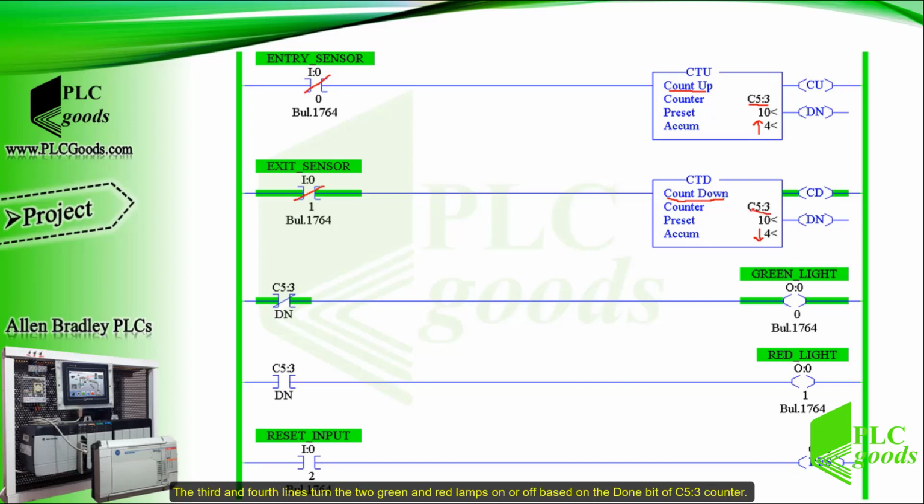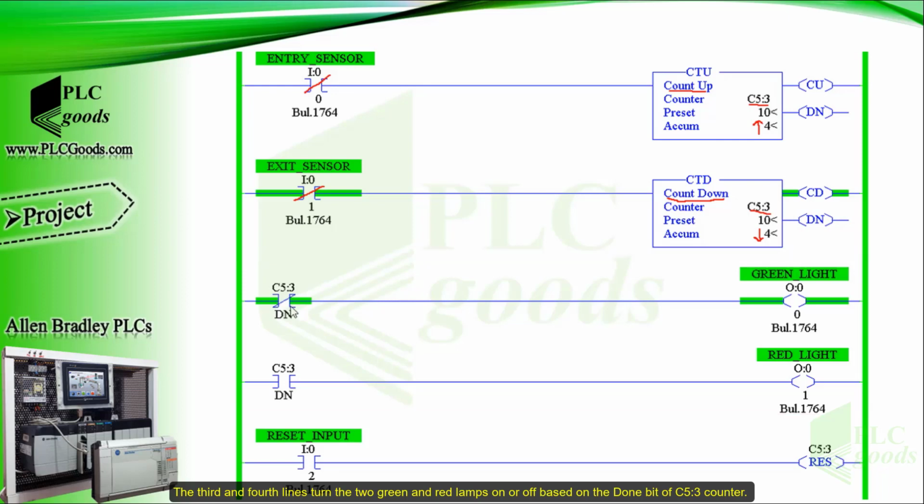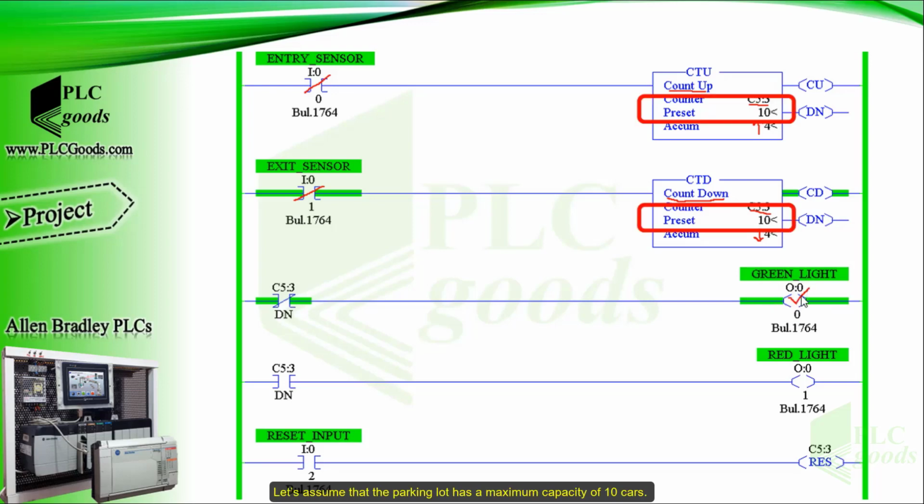The third and fourth lines turn the two green and red lamps on or off based on the down bit of C5:3 counter. When the accumulated value is less than the preset value, the green lamp is turned on. Let's assume that the parking lot has a maximum capacity of 10 cars.